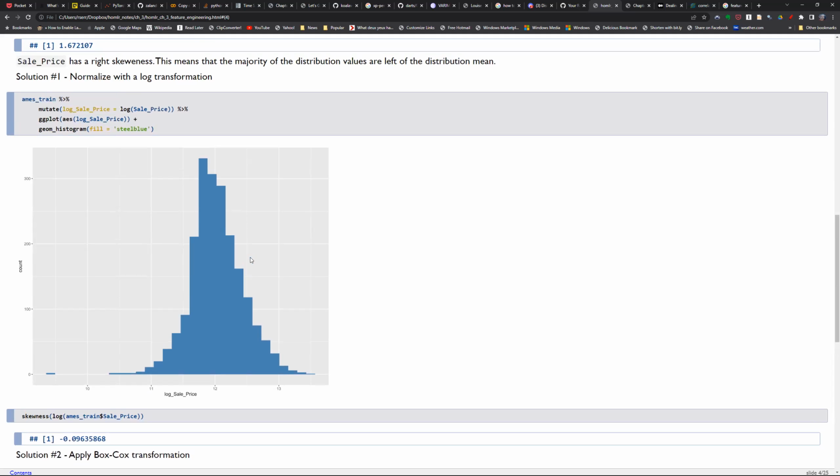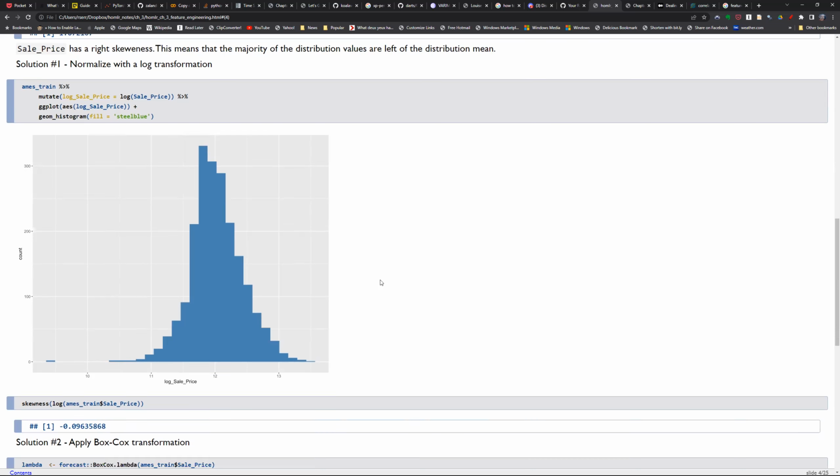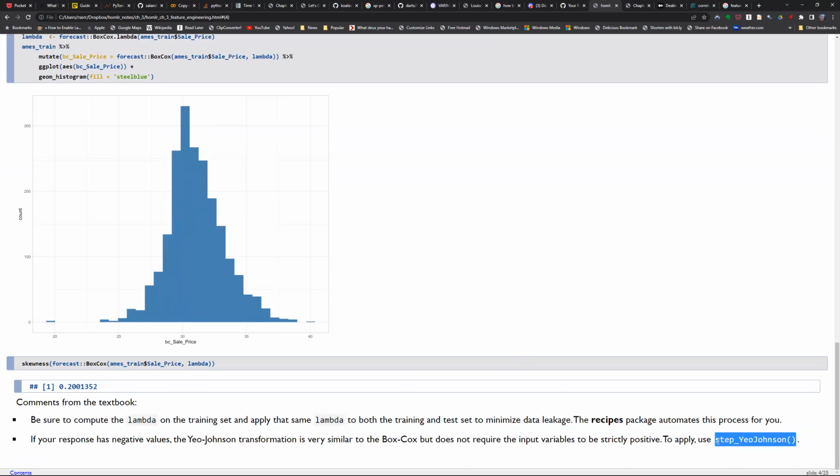For example, you can change the range from, let's say, -5 to 30 to 0 to 1, and then the log can handle it. The only thing is that you're going to add 1. That way you can also manage it. But the Yeo-Johnson usually is the way to go if you have negative values.